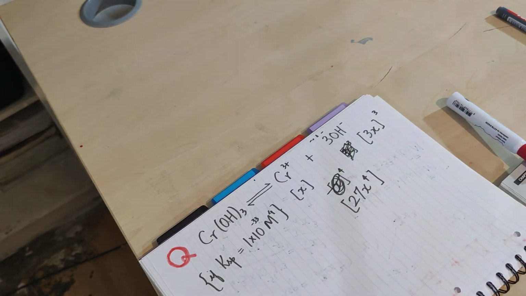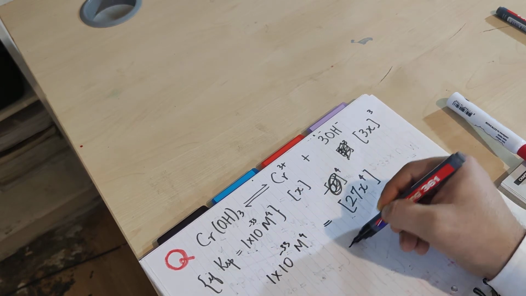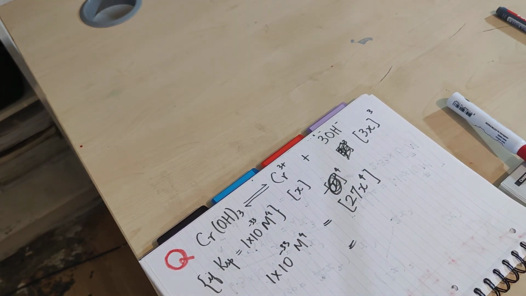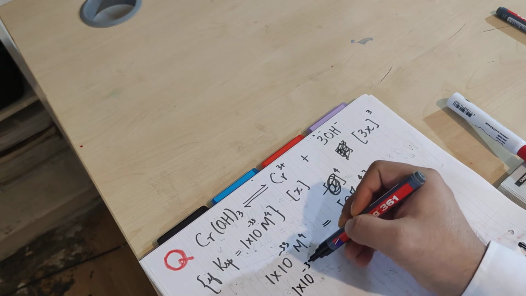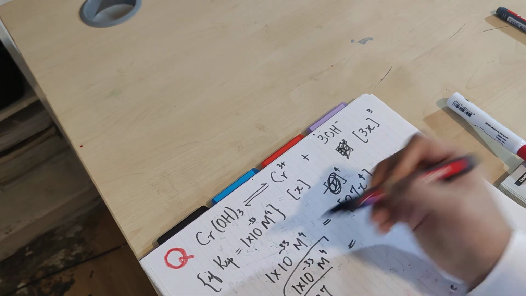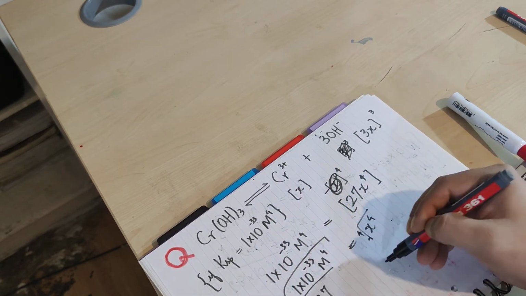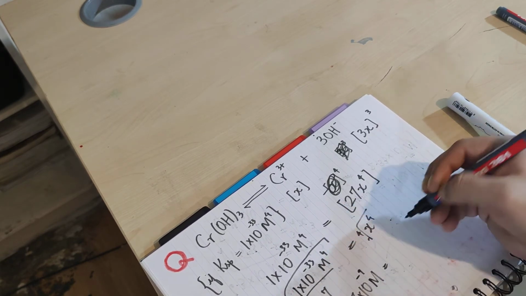So the answer would be 1 times 10 to the power minus 33 moles quadruple divided by 27, whole fourth root, and that would be 2.47 times 10 to the power minus 9 moles.